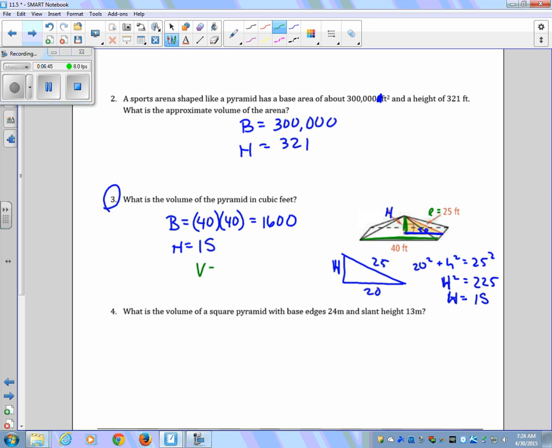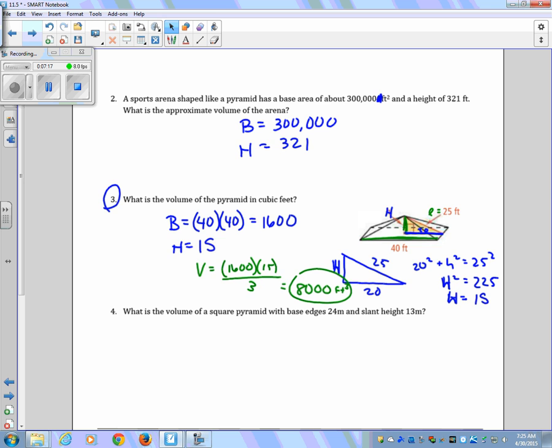So the volume is just going to be 1600 times 15, and then divided by 3, which is 8,000. My calculator just died. 1600. Yes, 8,000. Then it's cubic feet. Okay, so I think you get the idea there.